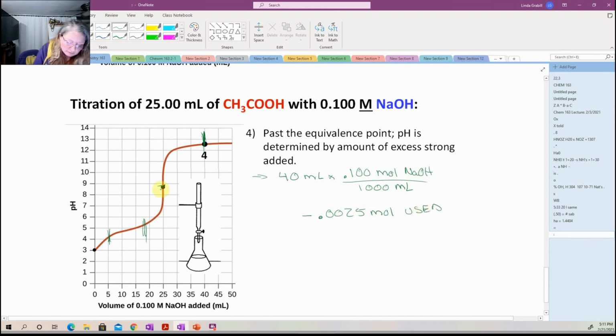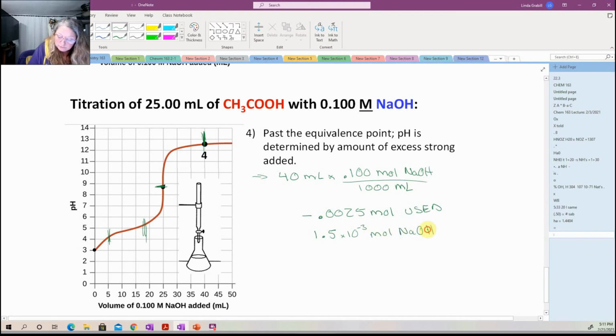So remember this reaction at this point, I've used all of my weak acid. So anything beyond that now are just free-floating moles of hydroxide going all willy-nilly in our beakers doing what they want to do. So let's see, 40 times 0.1 divided by 1,000 minus 0.0025. So that means that I have 1.5 times 10 to the negative 3 moles of sodium hydroxide.